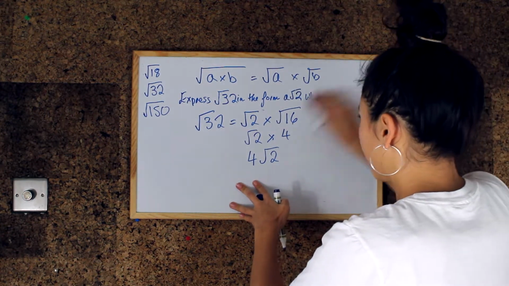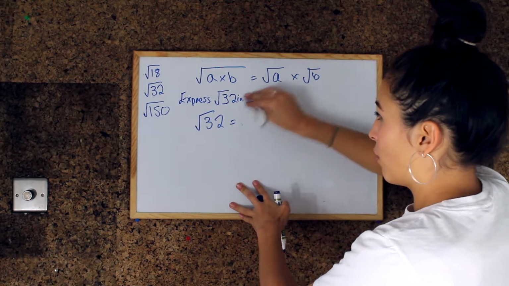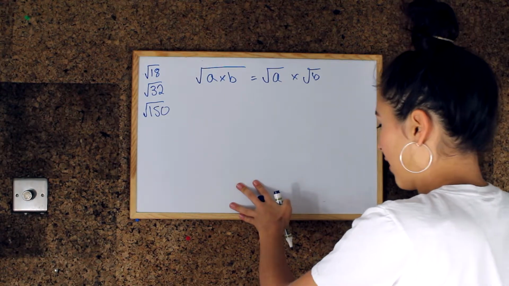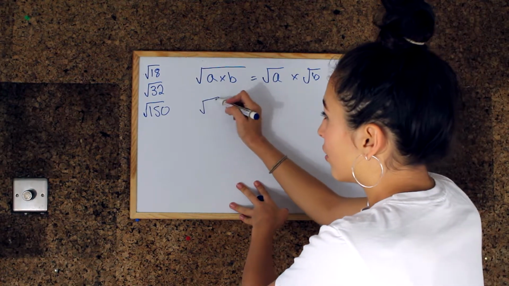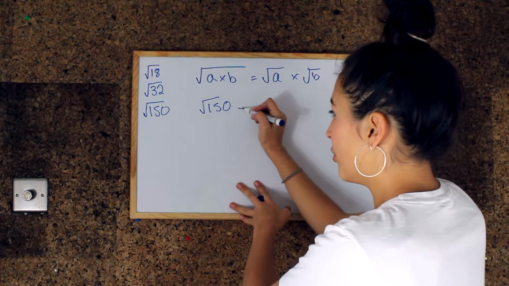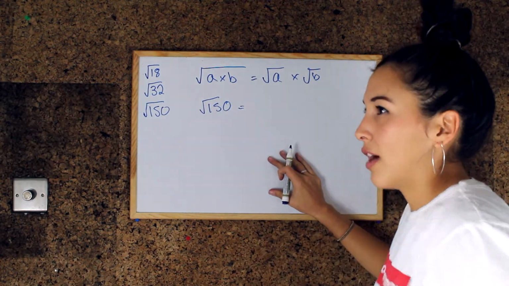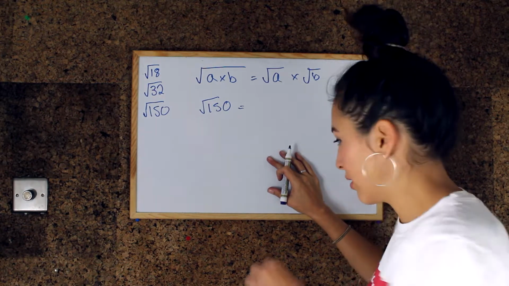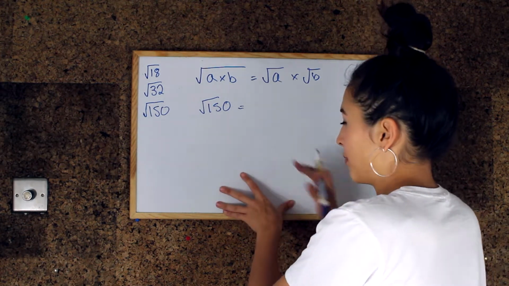Brilliant. So if they don't let you know what form they want you to simplify it into, this is what you might have to do. So if we have root 150, for example, I'm going through my head thinking about all the square numbers that go in, to make it simple.